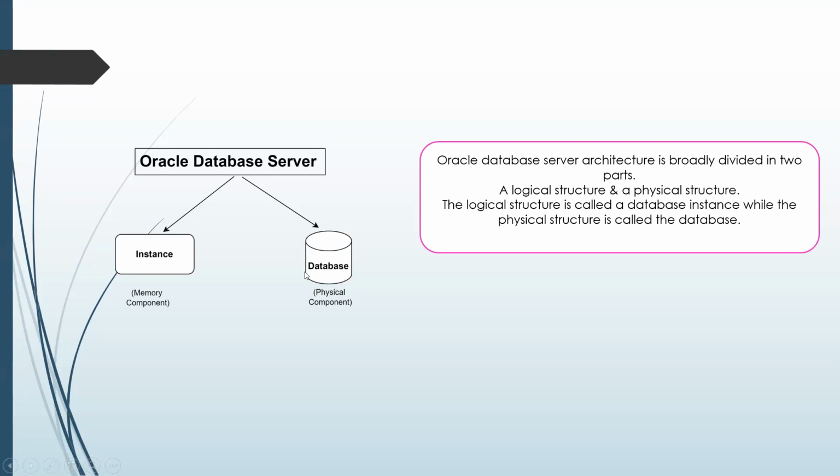So that's why we say that the Oracle database server architecture consists of two components. First one is the instance, which is present inside the memory, that is inside the RAM of the server, and the physical component which will be present on the storage. Okay, clear with that?